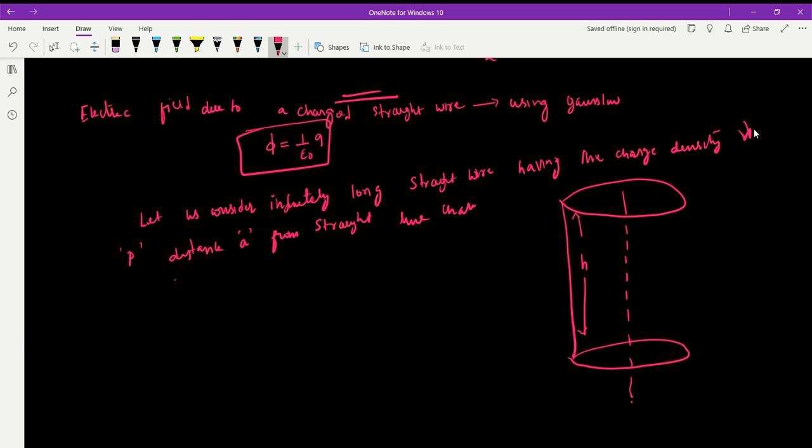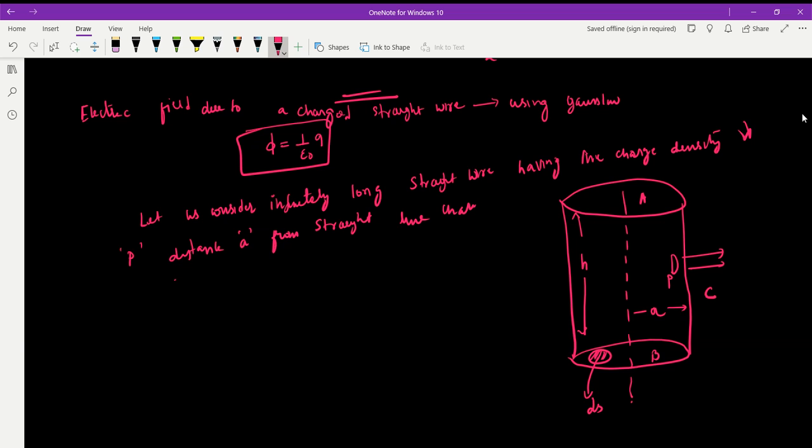So now let us consider a point P at a distance a from the center. Let me consider a small area ds here. This is face A, face B, and this is C.